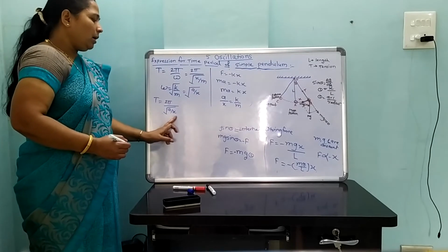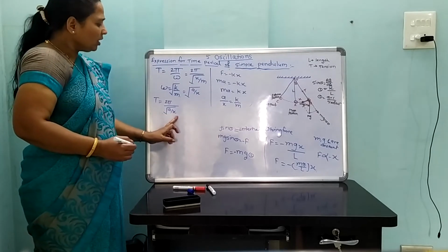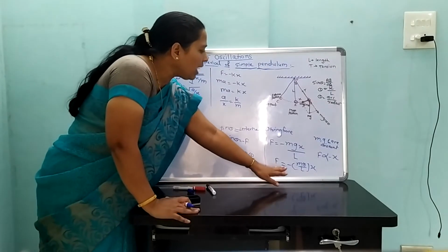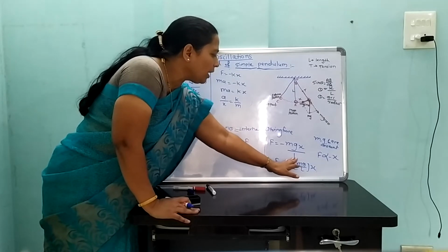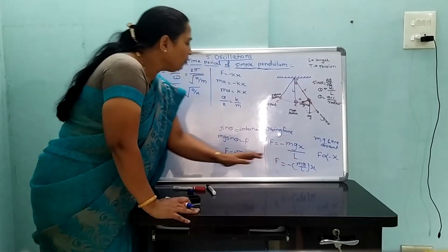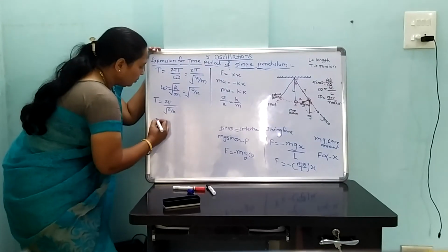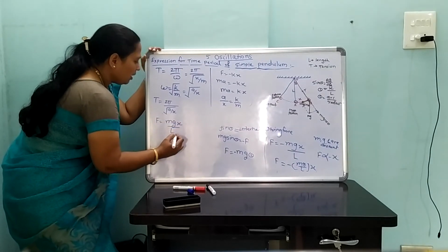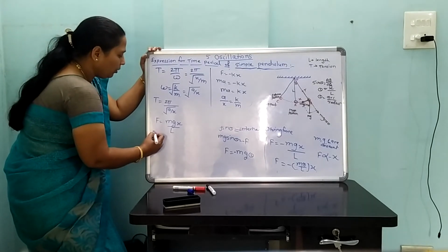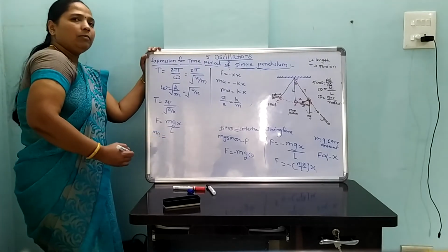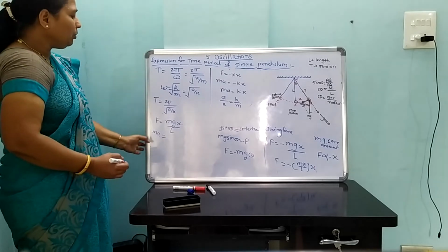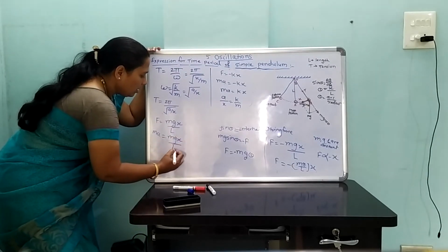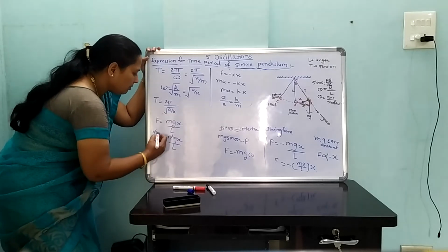But we have F is equal to minus mgx upon L. According to Newton's second law, F is equal to ma, mass into acceleration, which is equal to mgx upon L. The m cancels.